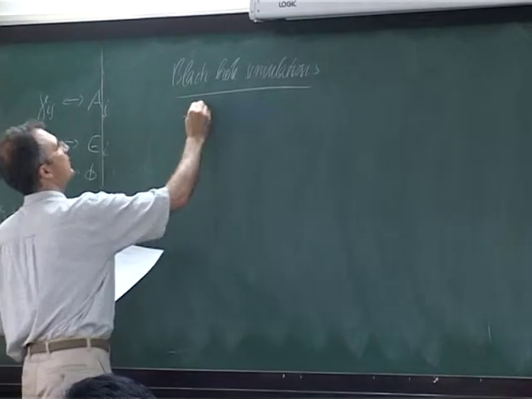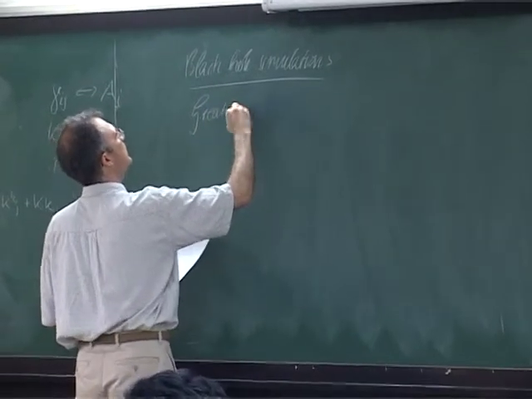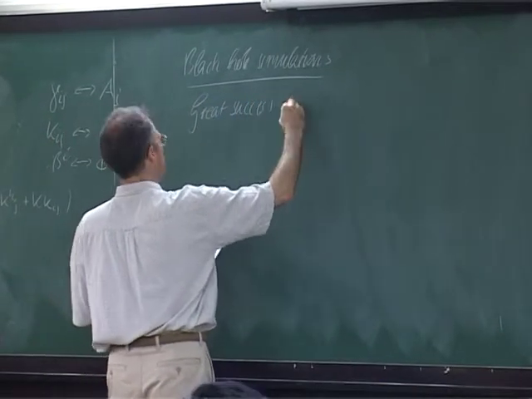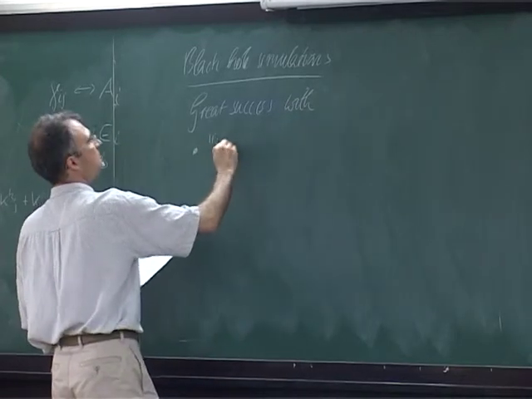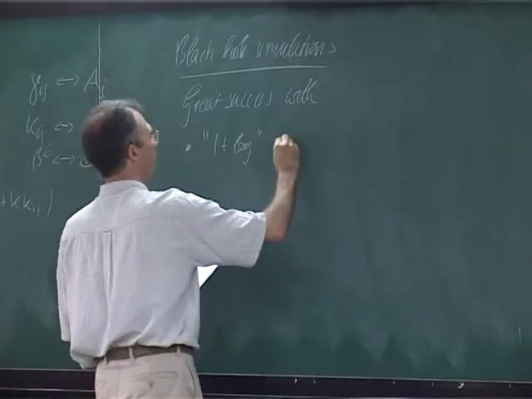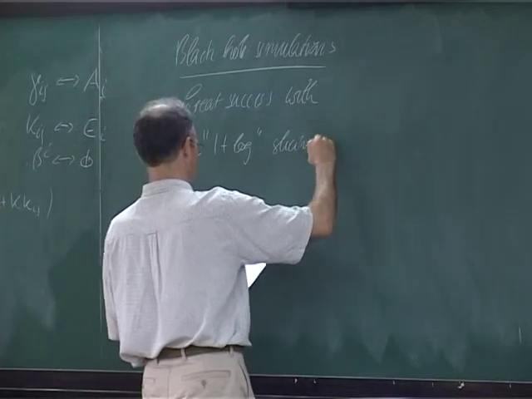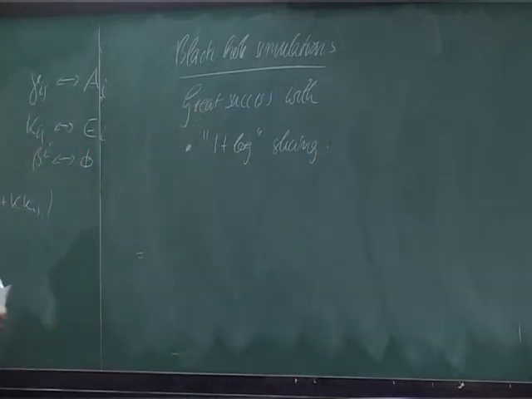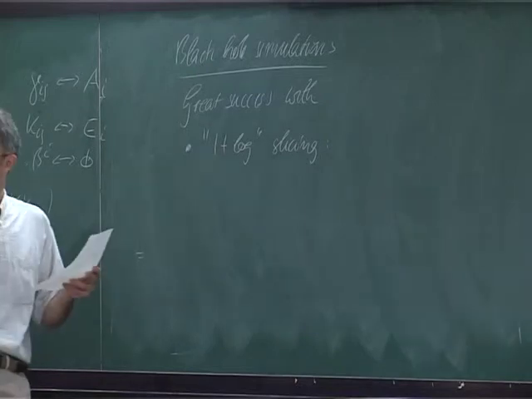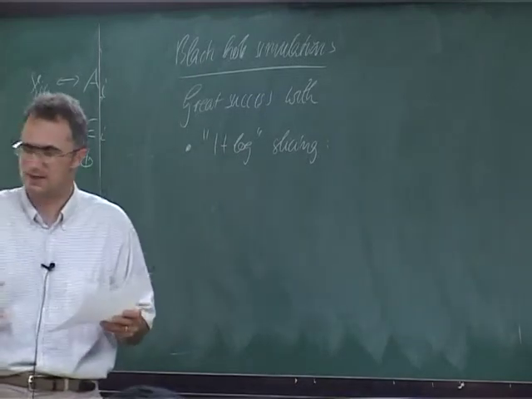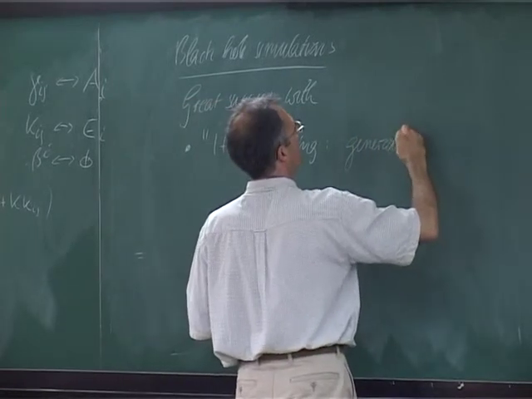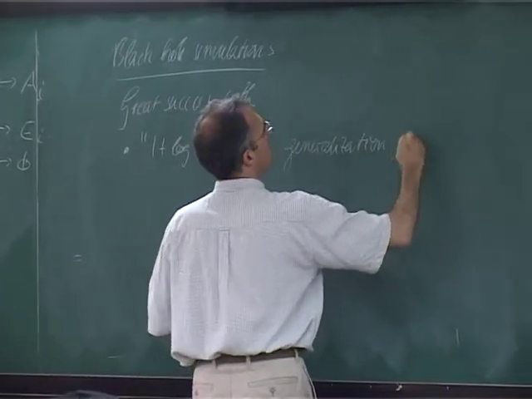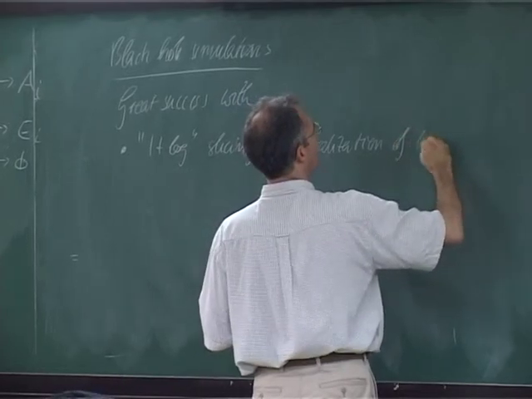People had great success with a set of equations, the 1 plus log slicing, which is a generalization of the slicing that I told you about earlier today, namely the harmonic slicing.